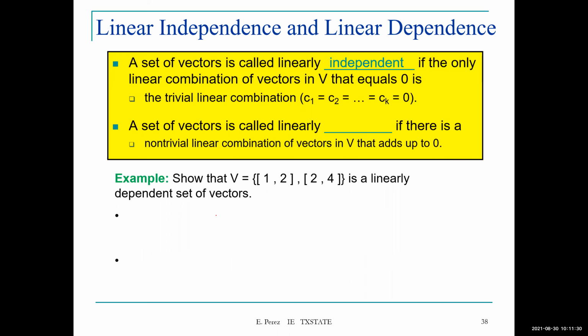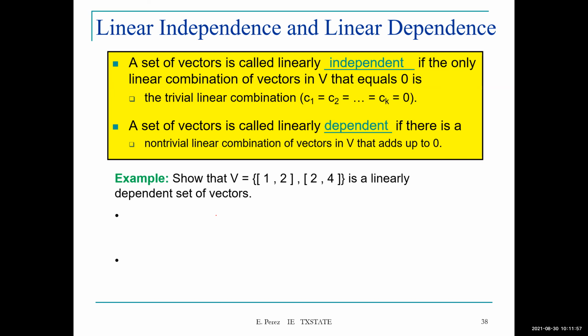If the only linear combination that equals 0 is when you make all the C equal to 0, then they are independent. If you find any other scalars that satisfy this condition, then those vectors are linearly dependent. So a set of vectors is called linearly dependent if there's a non-trivial linear combination of vectors in V that add up to 0.